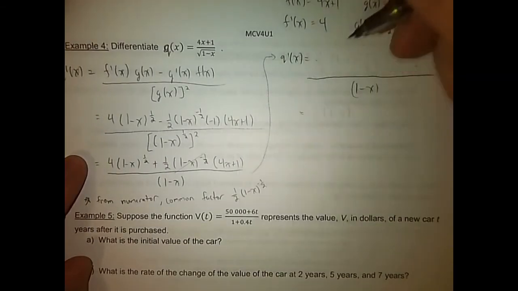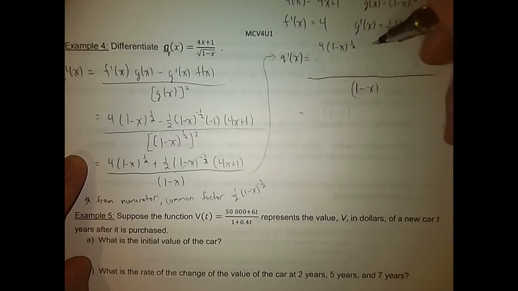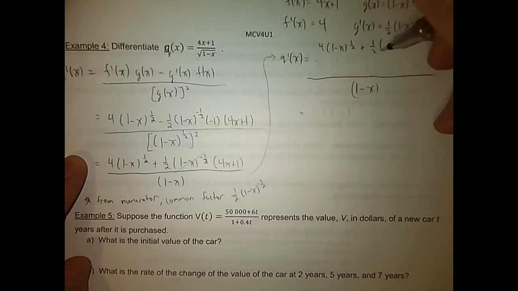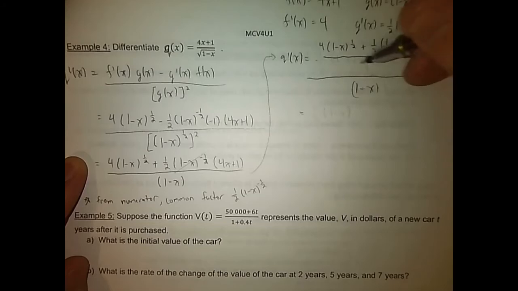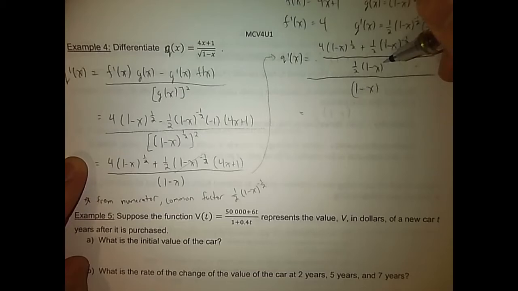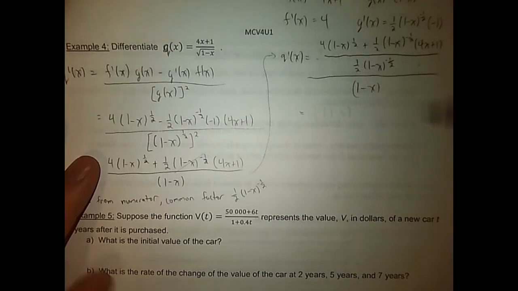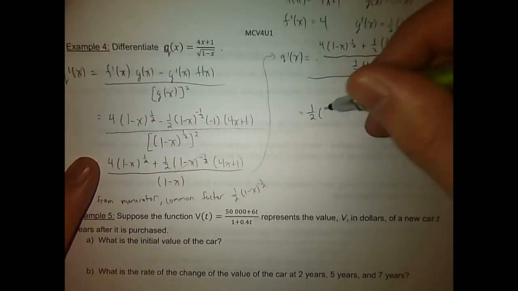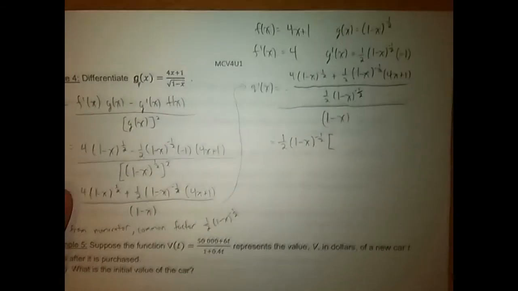So I'm going to get my numerator, which is this (1 minus x) to the power of half plus half over (1 minus x) to the power of negative half times (4x plus 1), all over this common factor of half (1 minus x) to the power of negative 1 over 2. So when I do this, I bring my common factor to the front. And now I do my division here.